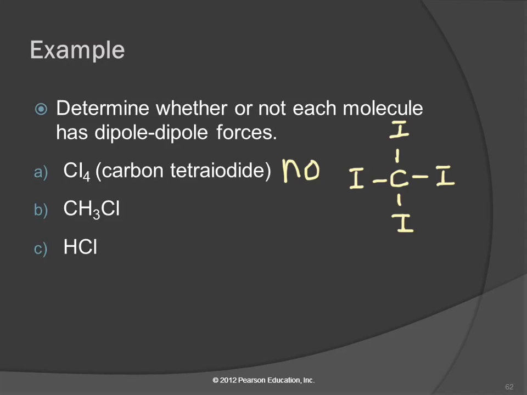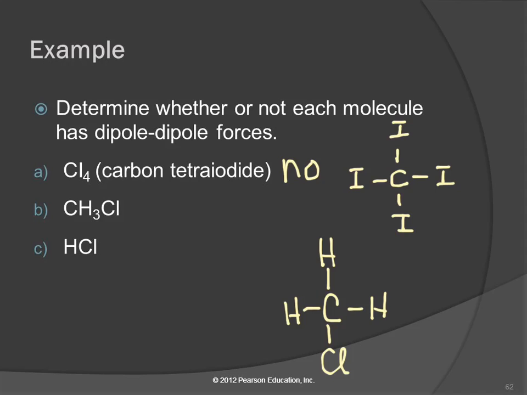What about CH3Cl? Well, the carbon's going to be in the middle again, and there's going to be 3 hydrogens around it, and 1 chlorine. Again, we can look at that central atom. It's bonded to 4 things. That gives it its octet. So it's not going to have any lone pairs. No lone pairs.